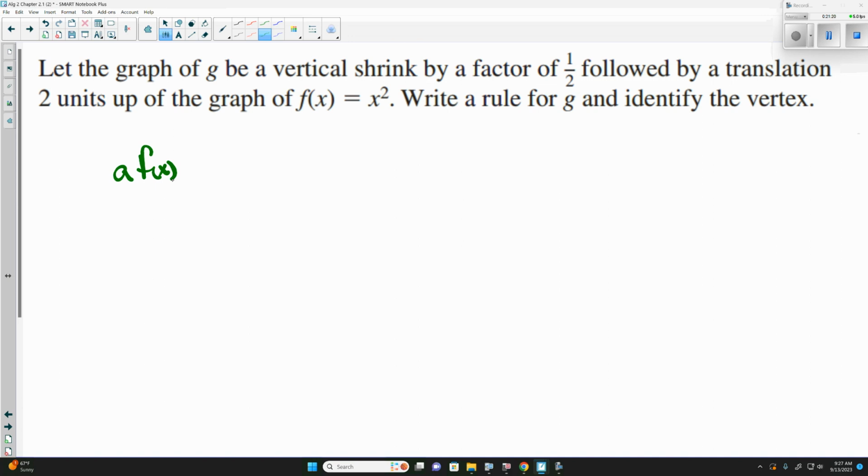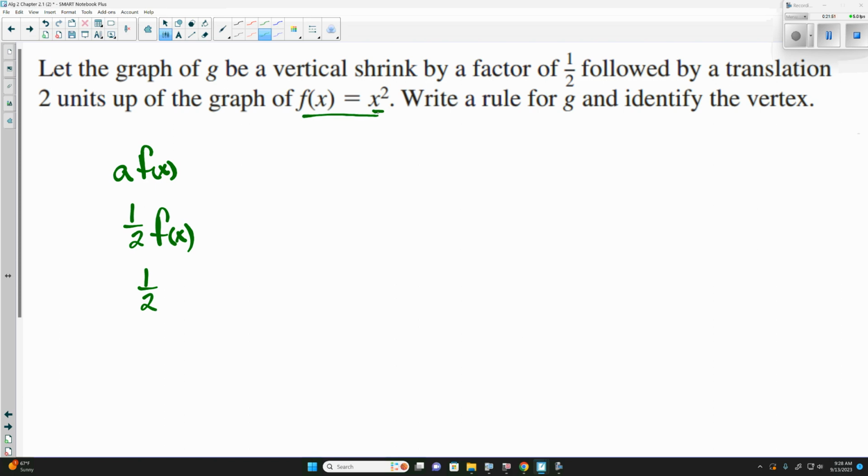Thank you. So vertical stretch or shrink is still a times f of x. Doesn't matter if it's a stretch or shrink, we still use the same notation for this here, except this time, the value of a is 1/2. We have f of x, which is the same as our function, so we don't have to plug anything into our function f of x.